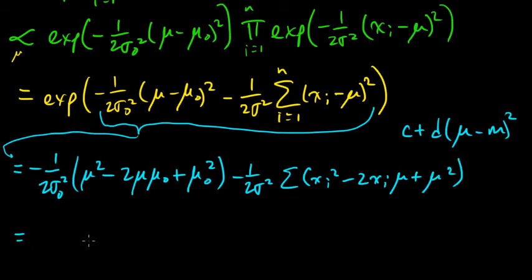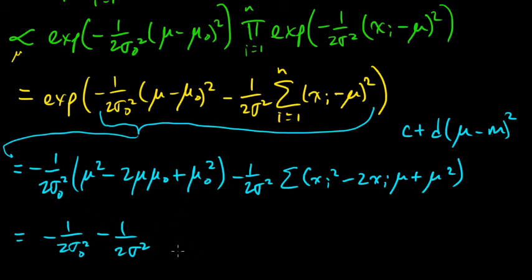And now let's collect together. We want to collect the mu squareds. So let's get all those together. We're going to have minus 1 over 2 sigma naught squared minus 1 over 2 sigma squared, and this is a sum over n things, so it's n times mu squared.